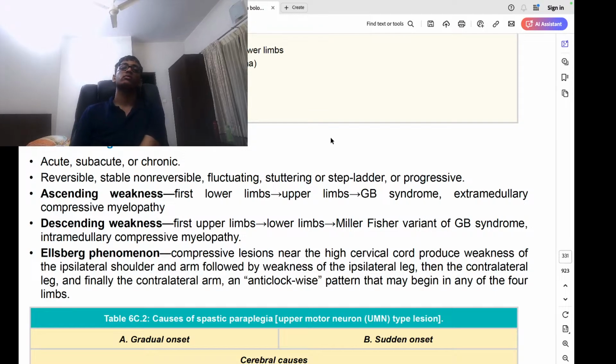Now once again, GB syndrome, I want to check it out a little bit. Guillain-Barré syndrome is a condition in which the immune system attacks the nerves. It may be triggered by an acute bacterial or viral infection or vaccine, where a person's immune system attacks a peripheral nerve. It is very rare.